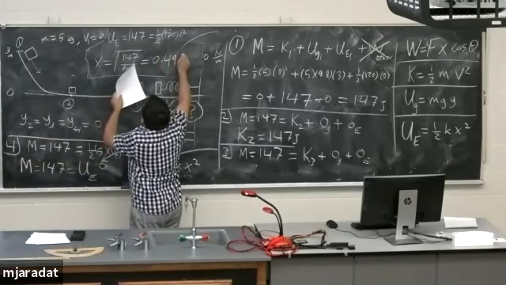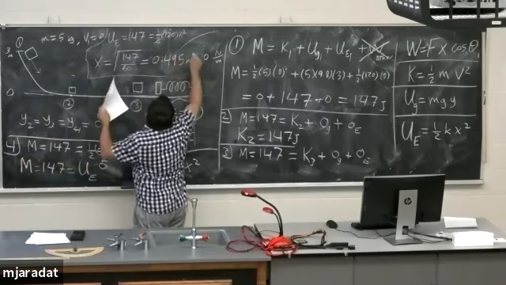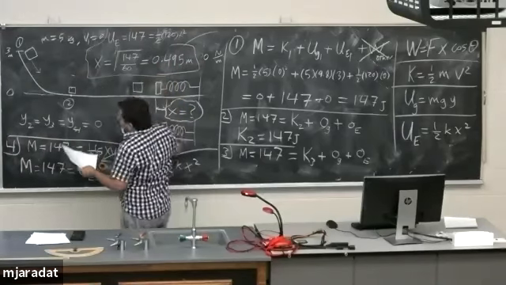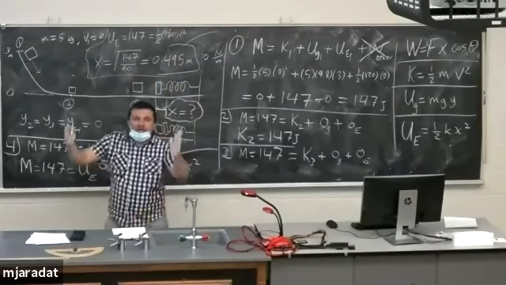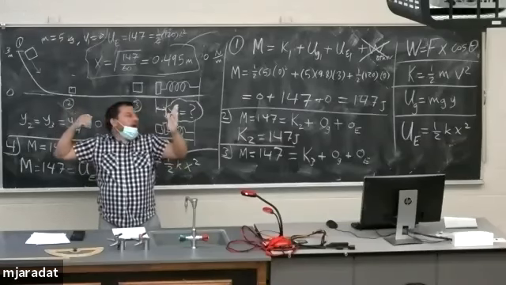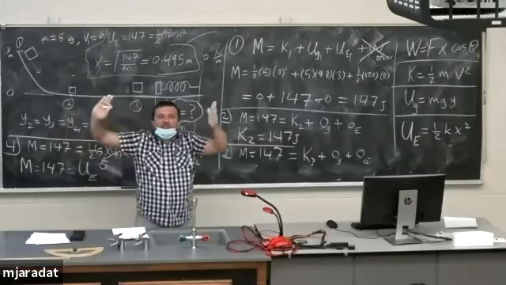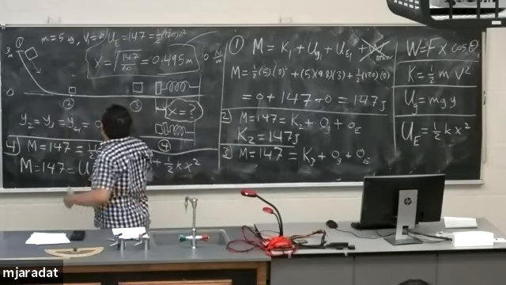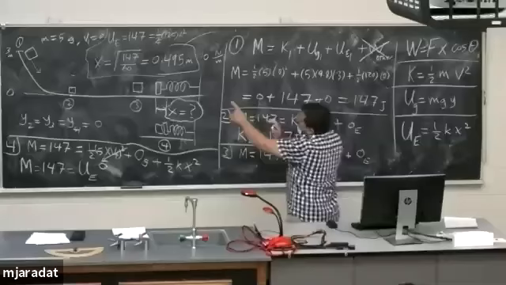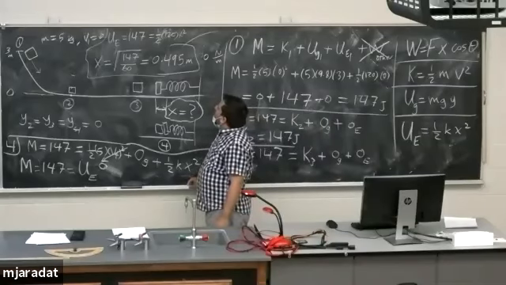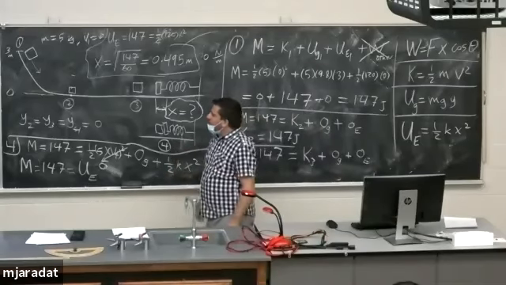It is 0.495, I think, meters. It is 49 centimeters, just like this. The spring will be pushed like this. Maybe it is a long spring and it will be pushed by 1950, half a meter.